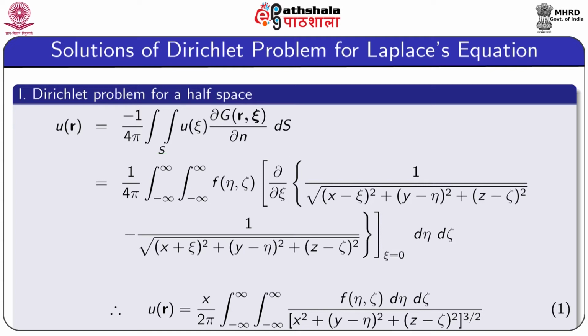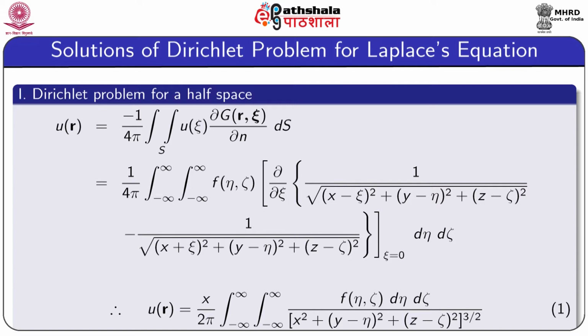Now, we have obtained the expression for capital G, and del n represents the normal derivative of G on the surface S, and the direction of the normal is outward to the surface S. For this case the surface is x equals 0. Therefore, del n is nothing but minus del xi.